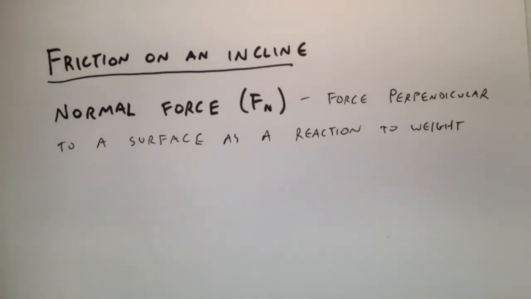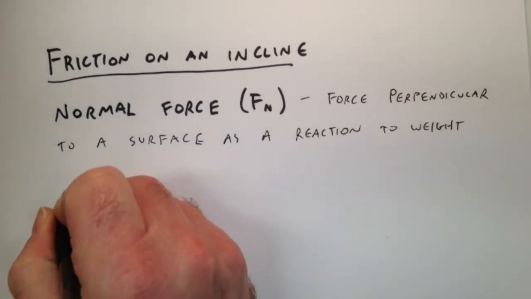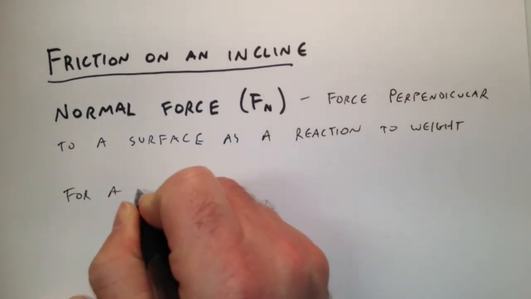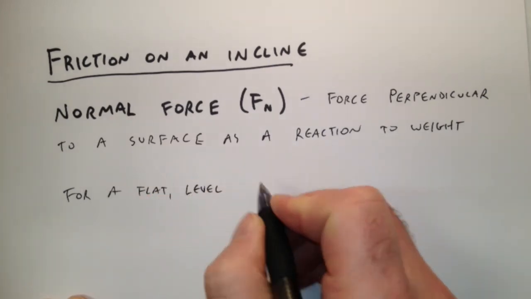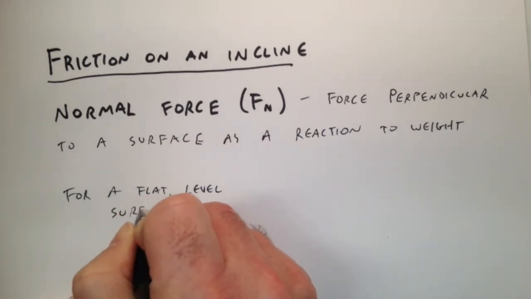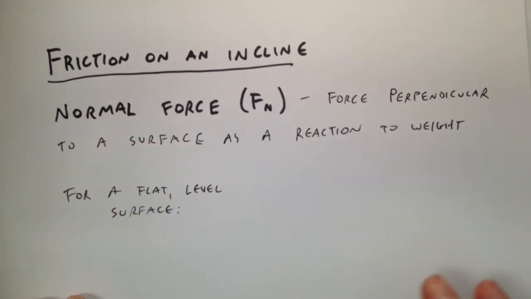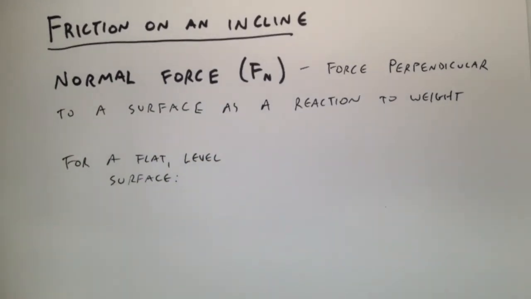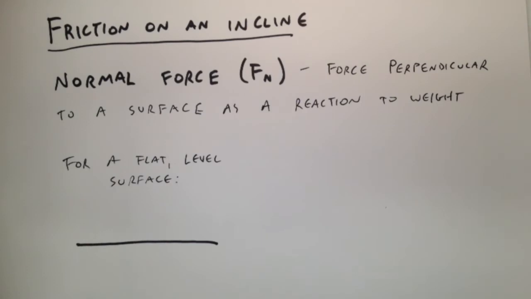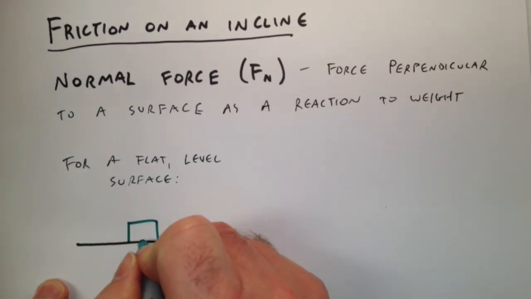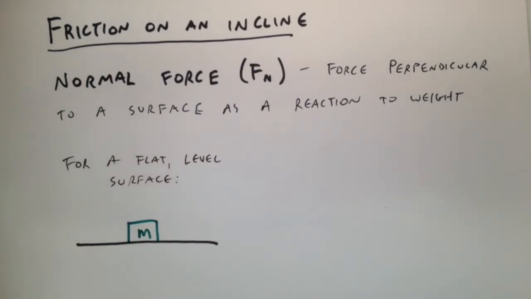So let me draw you a picture of that. This would be for a flat and level surface. Here's what a normal force looks like on a flat and level surface. Object with mass.